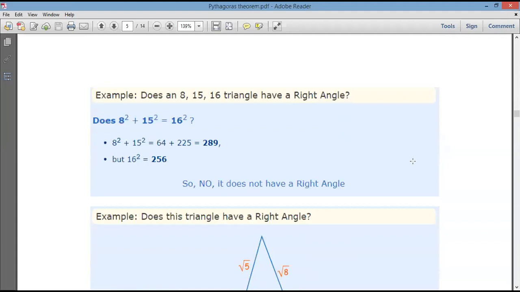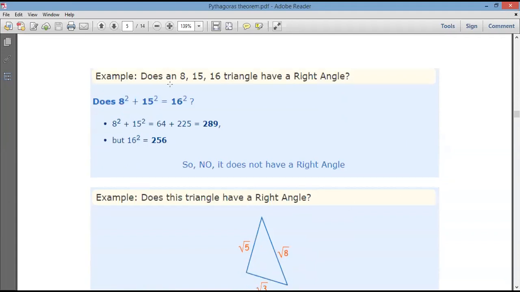So look at another example. Does an 8, 15, 16 triangle have a right angle? You can test whether a triangle is a right angle triangle by applying the numbers into the Pythagoras theorem, because you already know that the Pythagoras theorem applies to right angle triangles.